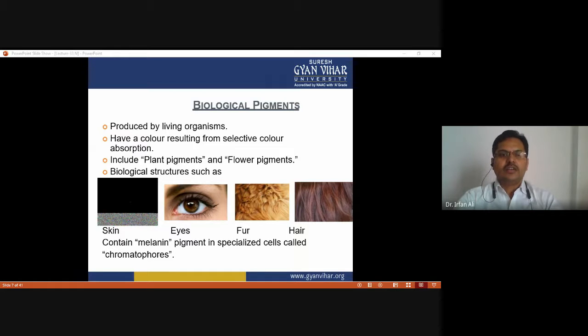So skin contains the melanin pigment in specialized cells called chromatophores, which determine the color of skin.